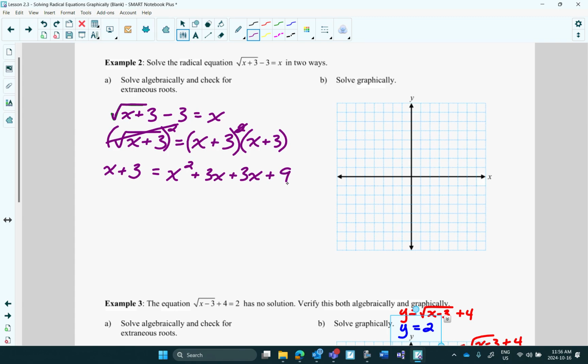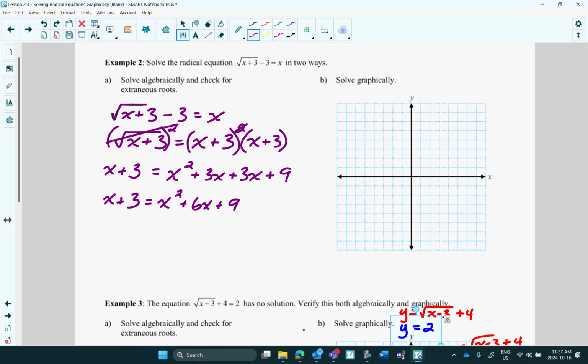What kind of an equation do I have? Quadratic, and I also have an x term, which means I have to solve by factoring. So I have to get everything over to one side, factor, and find my solutions. So here, I can simplify the right by combining the 3 x's.